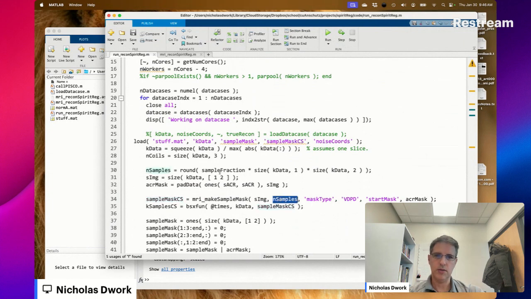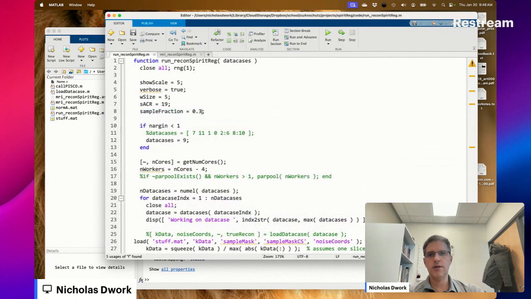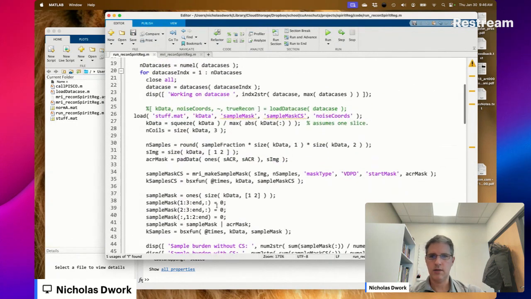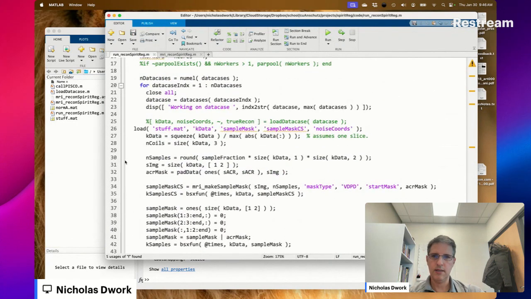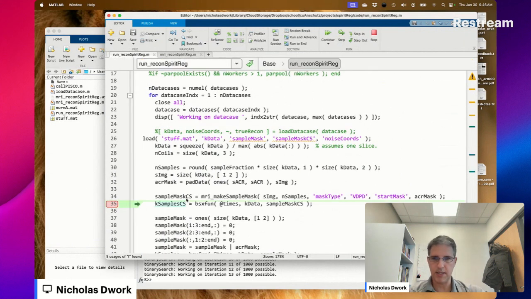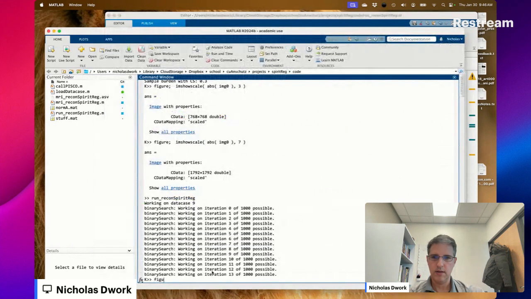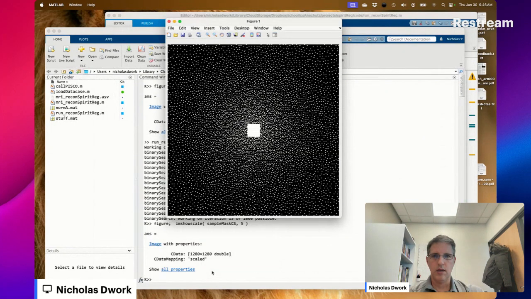Where's in samples? Sample fraction. Let's reduce this to 0.1 percent. This is going to be significantly reduced by 30%, because we went from 10% sampling to 30% sampling. Okay, those are far fewer samples. Great, about 30% less samples.